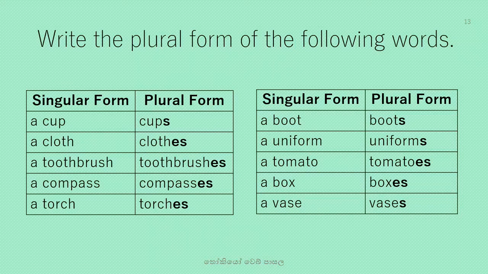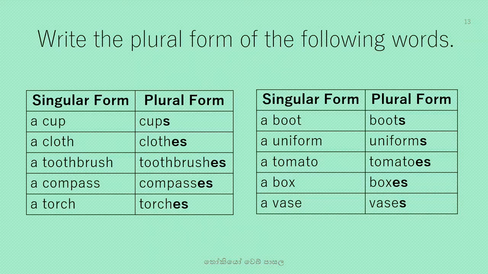A tomato. So here what happens? It is a consonant T followed by an O, which are the two letters at the end. So a consonant followed by O means we need to add es: tomatoes. A box, we end the word with x: boxes.